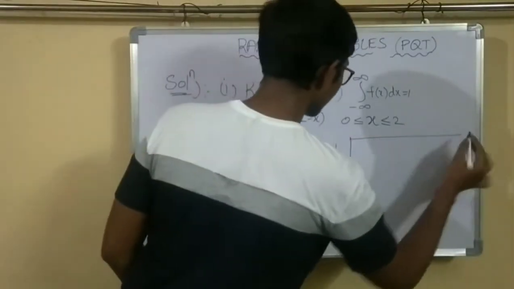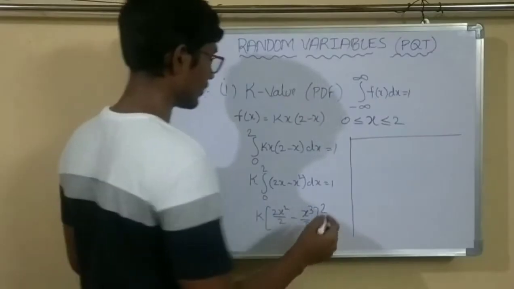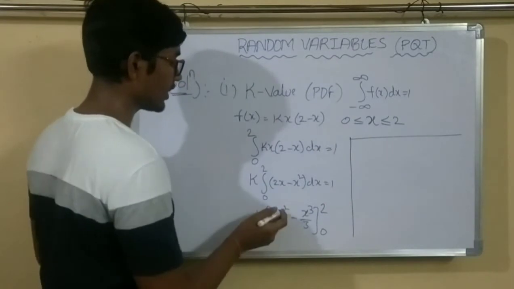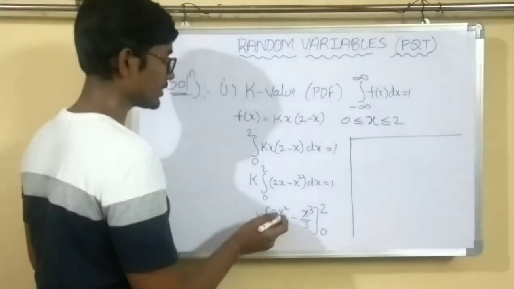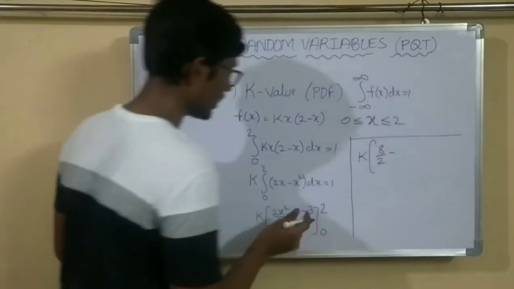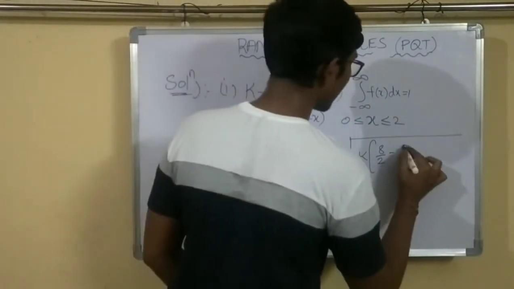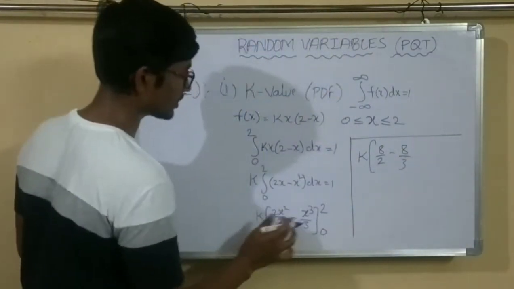Now I am going to simplify this by substituting the limits. If I substitute 2 in the place of x, then it is 2 into 2 power 2, that is 8, so k into 8 by 2 minus 2 cube, that is 8 by 3. And if I substitute 0 in place of x, it will be 0.